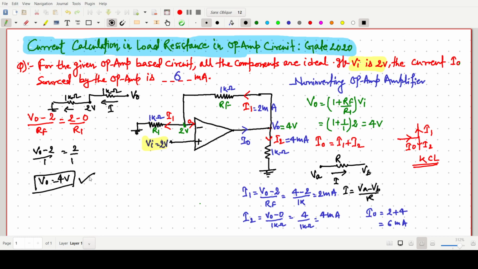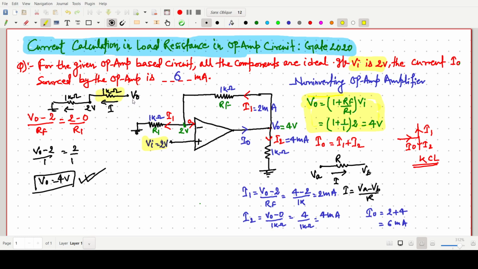This is another way to find V naught. If we know the value of V naught, directly we can find the currents I1 and I2. So in this way we can solve. One of the easiest ways to find the output voltage is the formula first. If we know the formula, we can directly write the expression, or we can go through that manner.